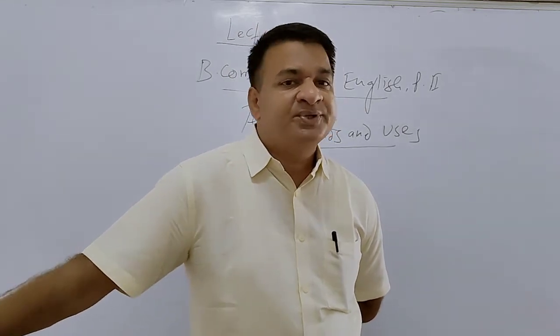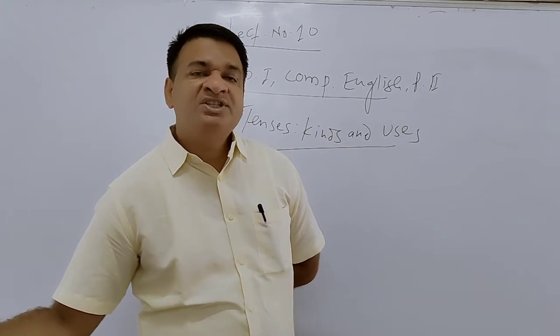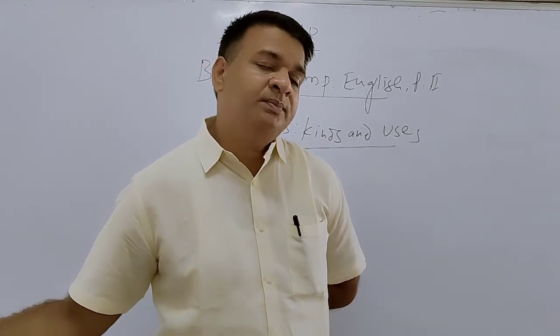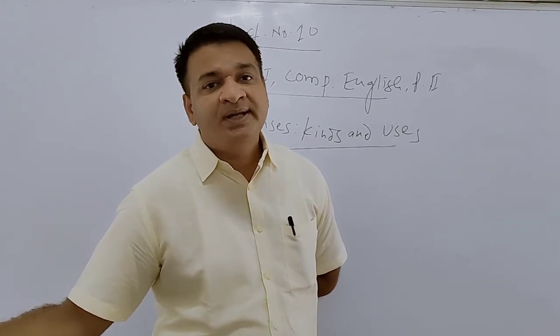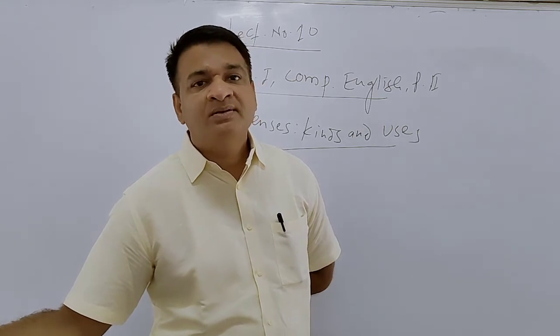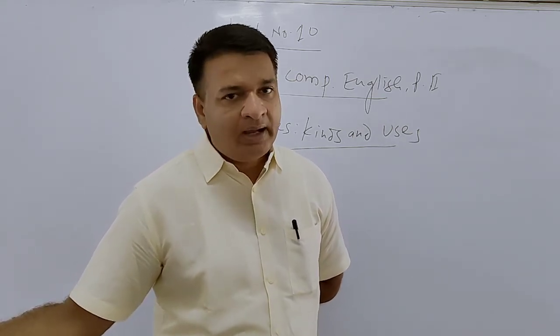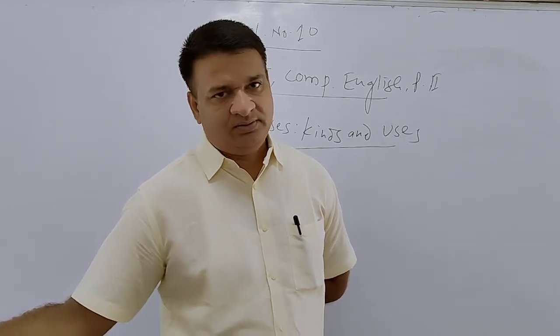Start is the simple present, the basic verb. I have been starting means since long I am trying to start the fan, but it has not started yet. I am starting, have been starting, start.